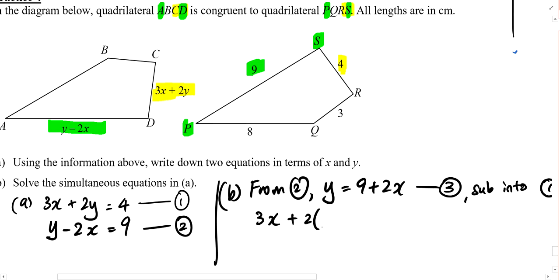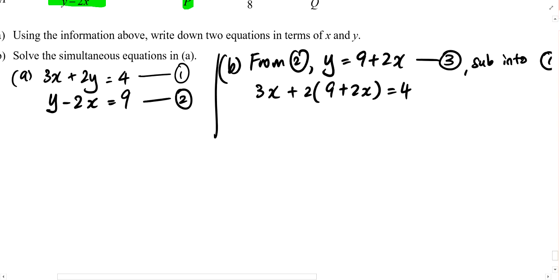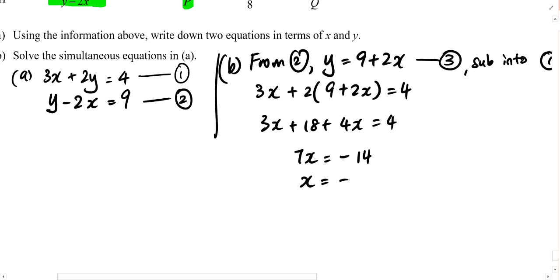3x plus 2 times (9 plus 2x) equals 4. 3x plus 18 plus 4x equals 4. 7x equals negative 14. x equals negative 2. I got the value of x.